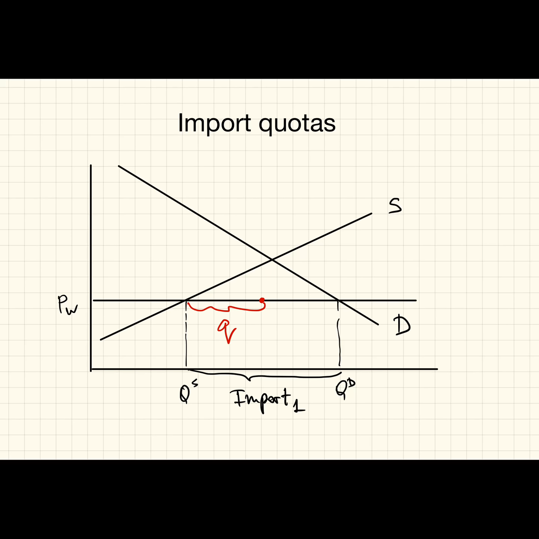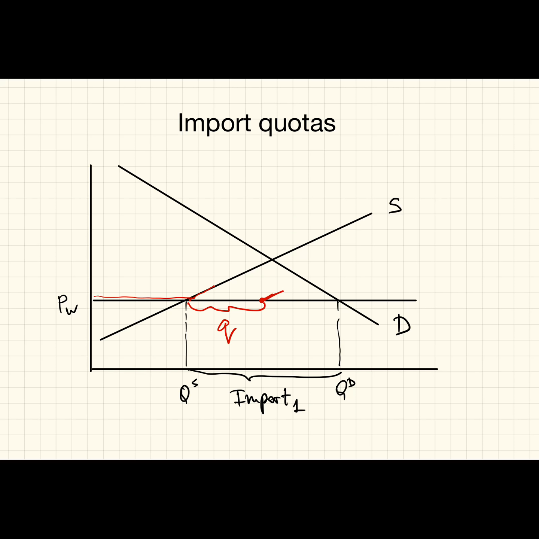And the usual response to shortages in any market is an increase in price, right? And as price goes up, quantity supplied will be increasing, because we'll be moving along this supply curve. So quantity supplied will be increasing, but because there is also a quota, we can show this increase starting from this point.